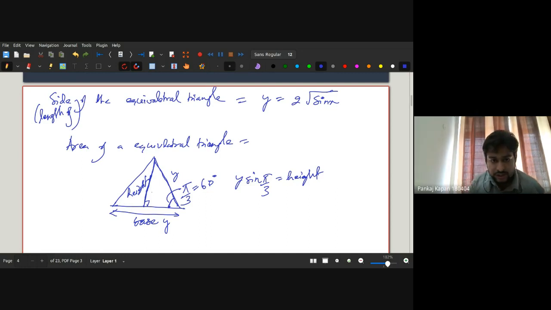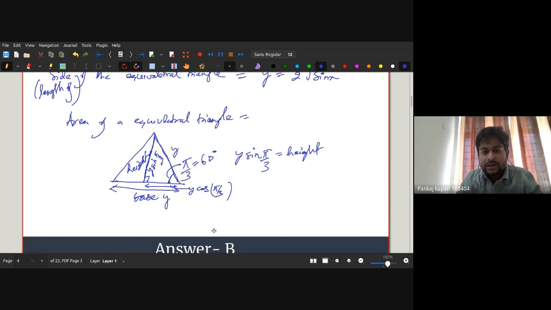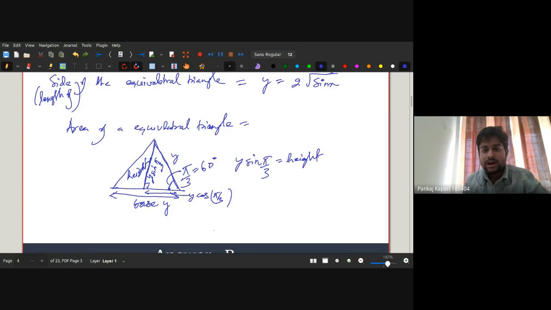This length is y sine pi by 3, and this particular length is y cos pi by 3. And that's how we are going to calculate the area of the triangle. So what is the area? It is half into base, which is y, and into height. What is the height? It is y sine pi by 3.